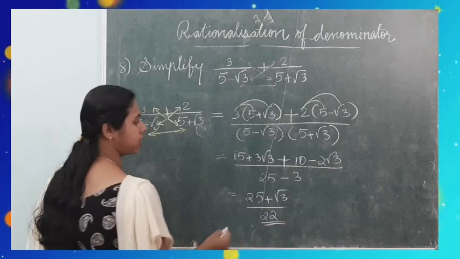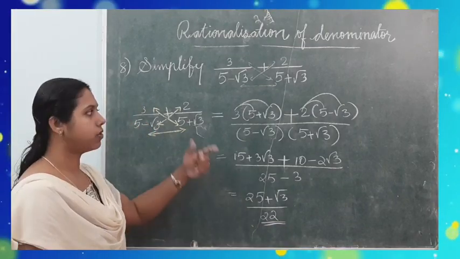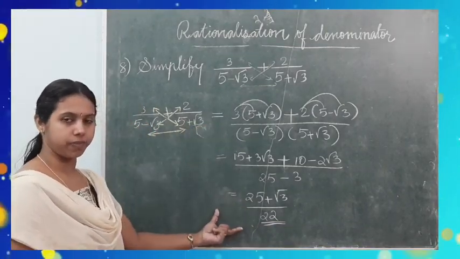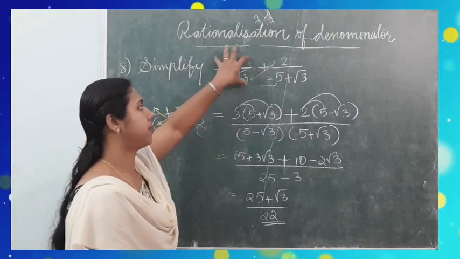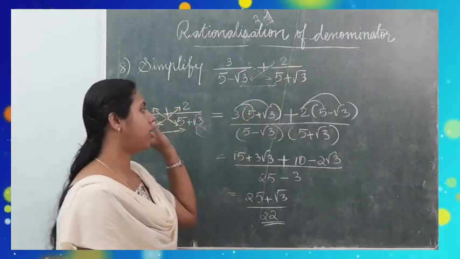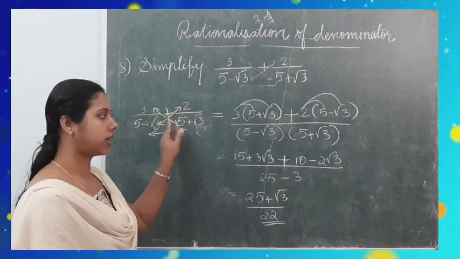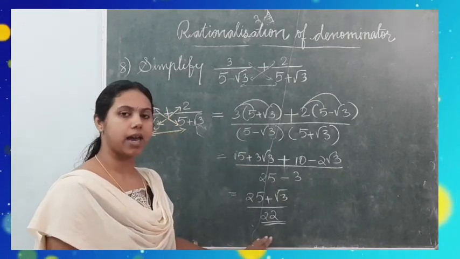We got the same answer within 3 steps. So you can practice this way also. Otherwise, find each one separately and then add, or directly use this shortcut to find the answer.